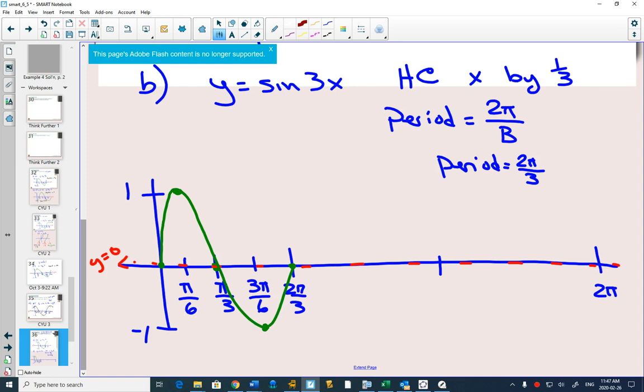But in the textbook, they wanted us to graph all the way from 0 to 2 pi. So each of these would need to be divided into 4 sections. And you would just keep going. Maximum, center line, minimum, center line, maximum, center line, minimum, center line.